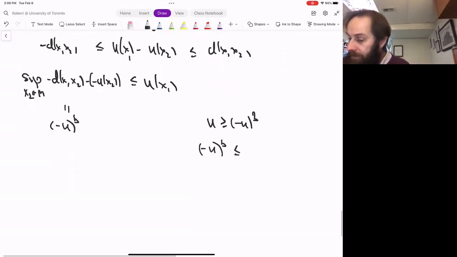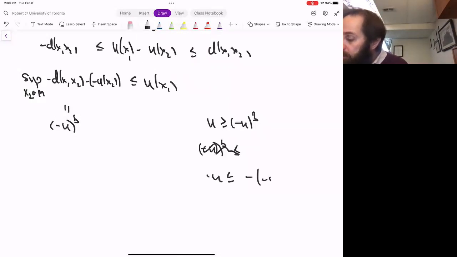The minus signs get confusing, don't they? So U is bigger than minus U to the b, so minus U is less than minus U to the b.